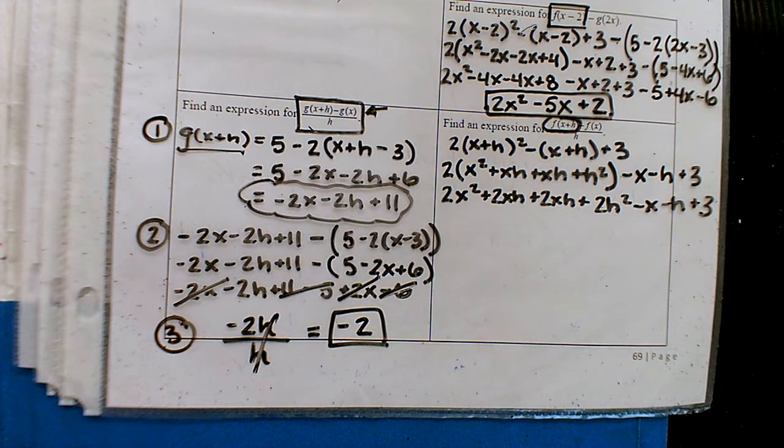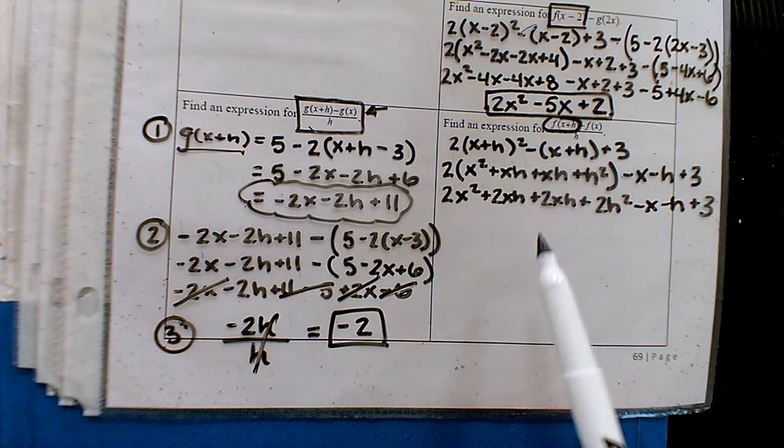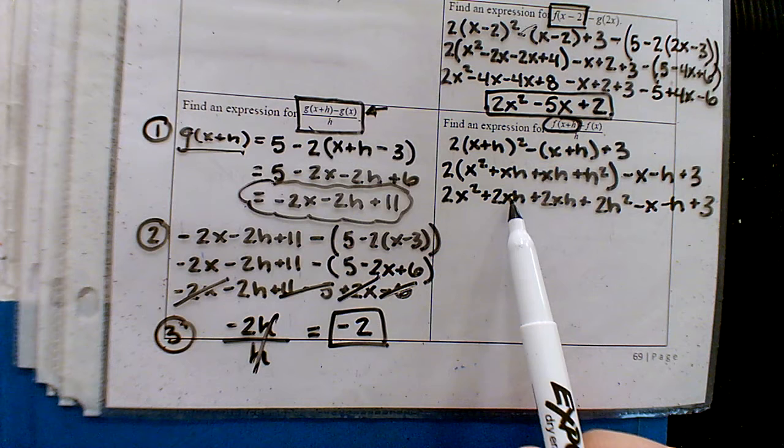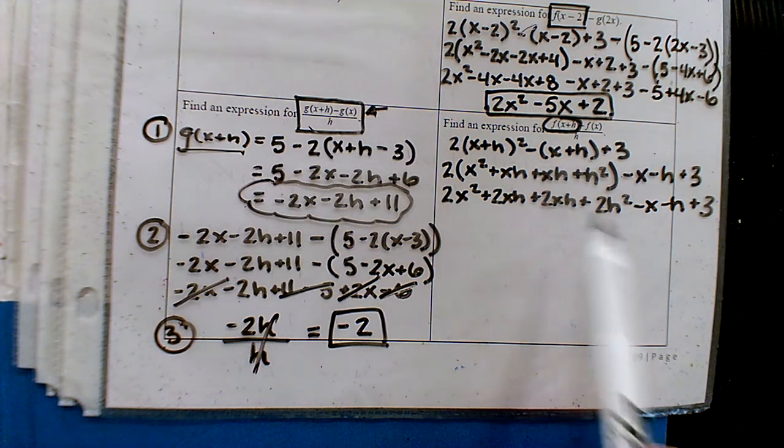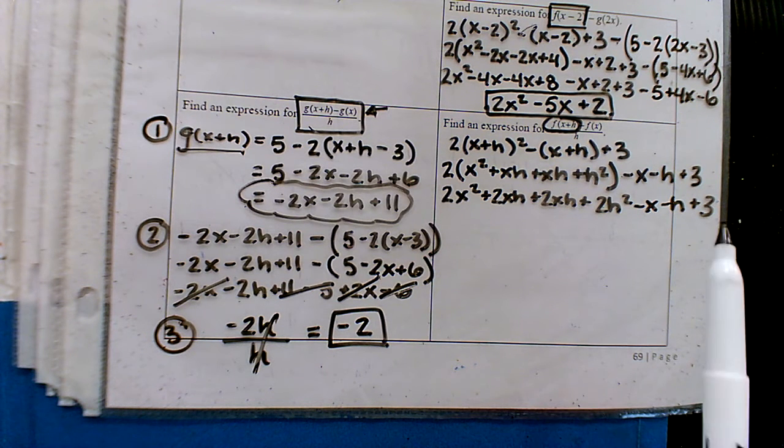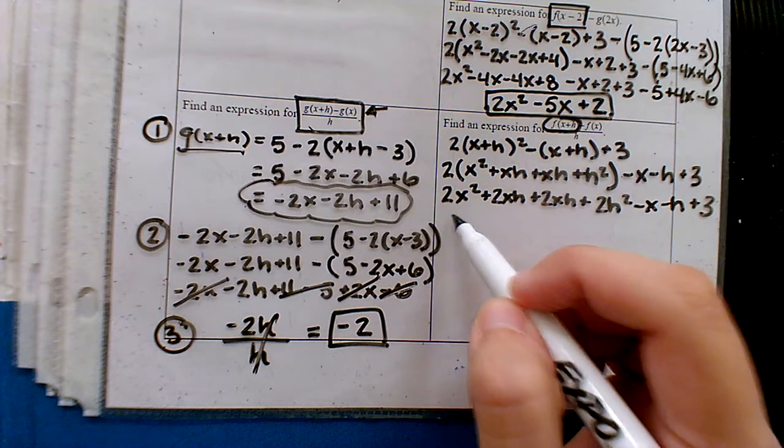Now that all the parentheses are gone, can we start to combine some like terms? Do you see any? Go ahead, Hadley. Perfect. xh, xh, those are the exact same variables, so they're like terms. 2 and 2 would give us 4.